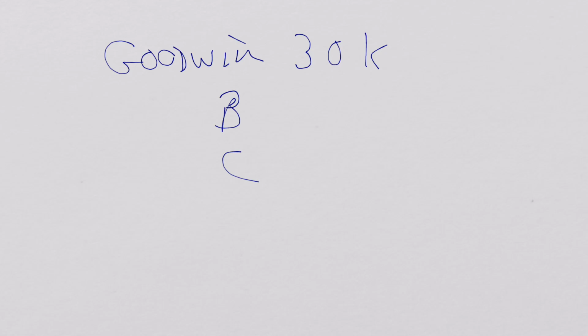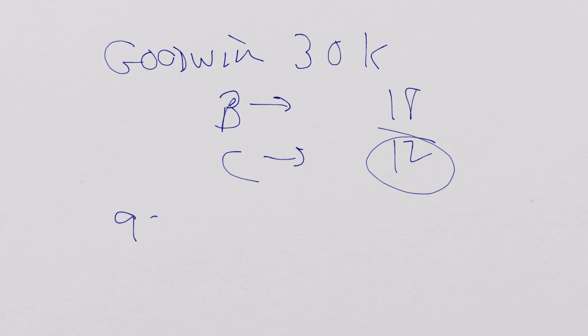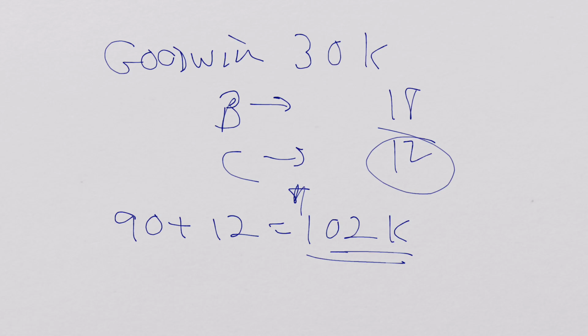So the 60% guy will get 18, and our guy C, which is why we're trying to get at the answer, is 12. So then if that's what his capital count is going to increase by, it's a credit. So his capital count was 90, so now it'll increase by 12, and we're at 102. And that's exactly how this problem works out.